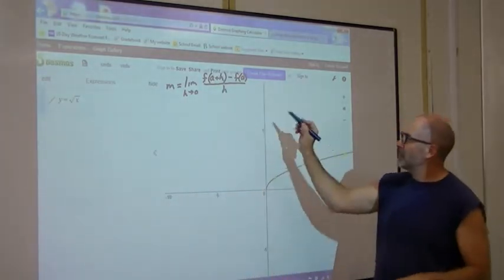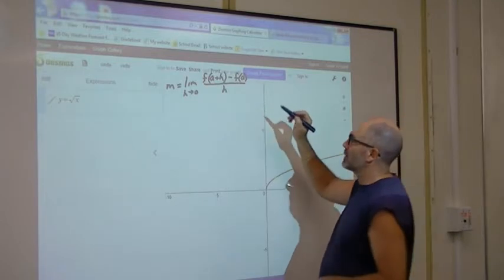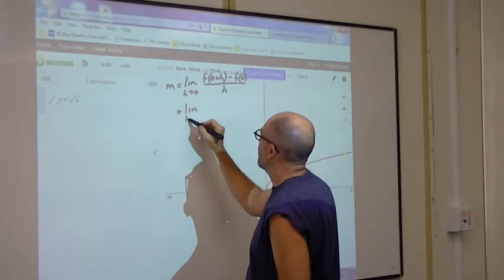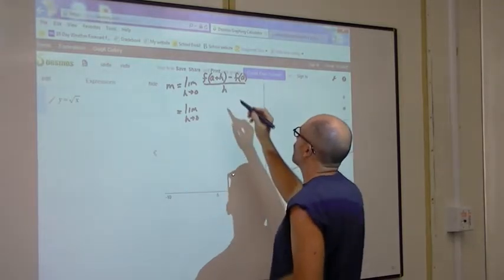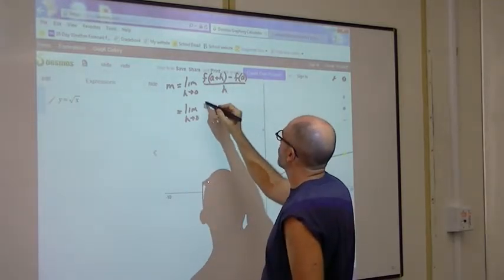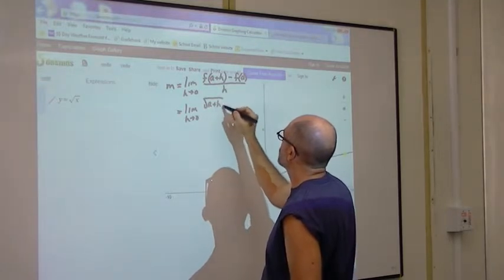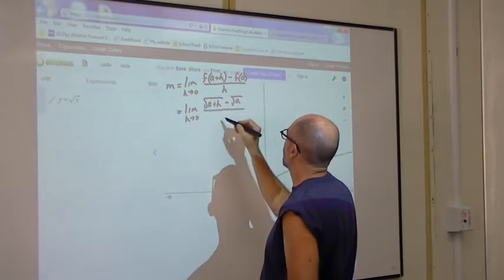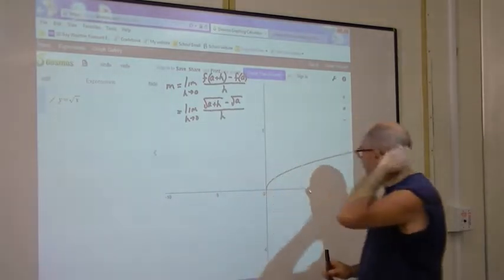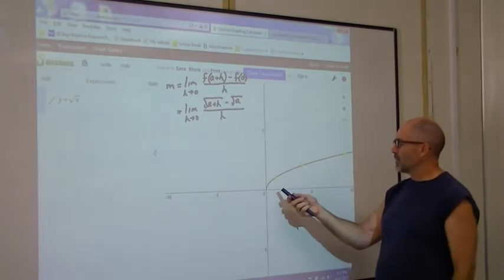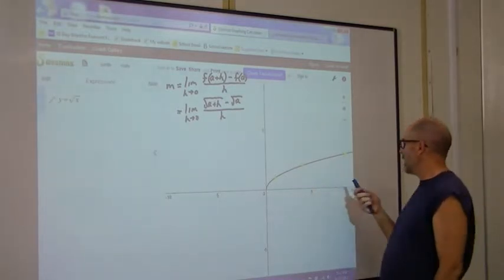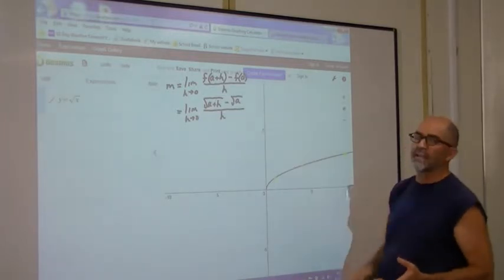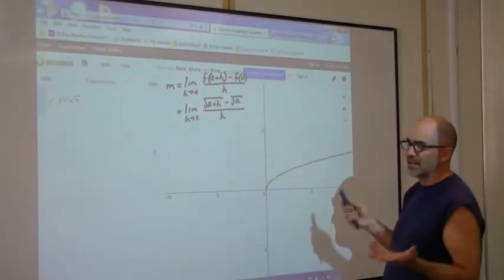Now, this function is the square root of x. So basically this means it's the limit as h approaches 0 of the square root of a plus h minus the square root of a, all over h. Now here's the thing. We're leaving this a because we've got a equals 1, a equals 4, a equals 9. So I don't want to have to do 3 separate times with 3 separate numbers. So we're just going to do the whole thing with a's in it.